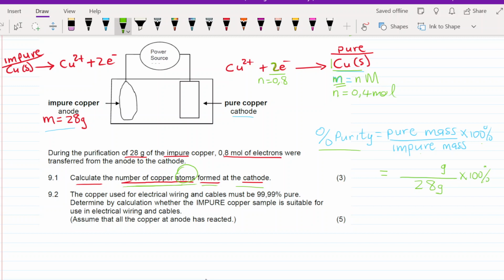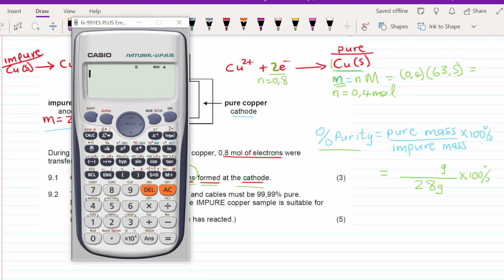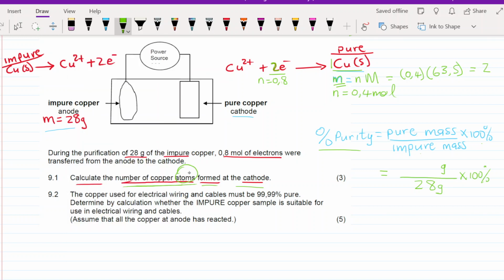The number of moles is 0,4. The molar mass of copper is 63,5. So you can multiply the two here to get the mass. Let's multiply that. 0,4 multiplied by 63,5. 25,4. So the mass is 25,4 grams.